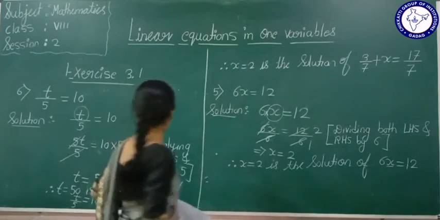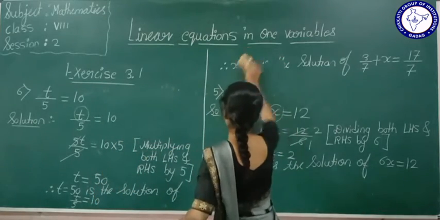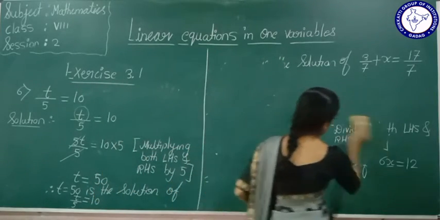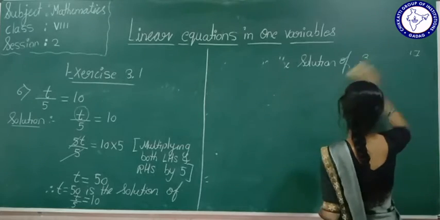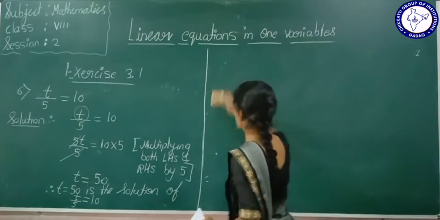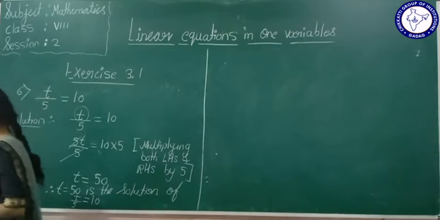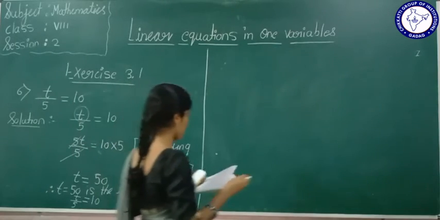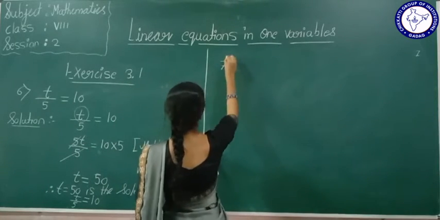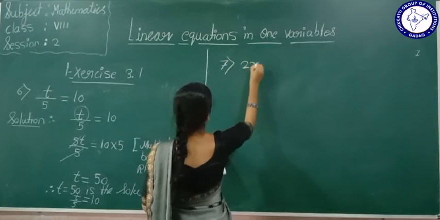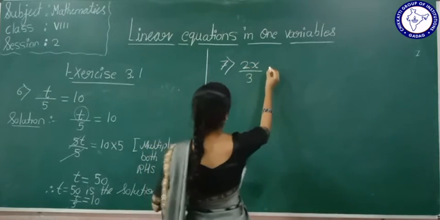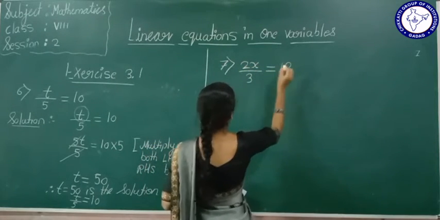Now we will see the seventh problem. See the seventh one: 2x by 3 is equal to 18.